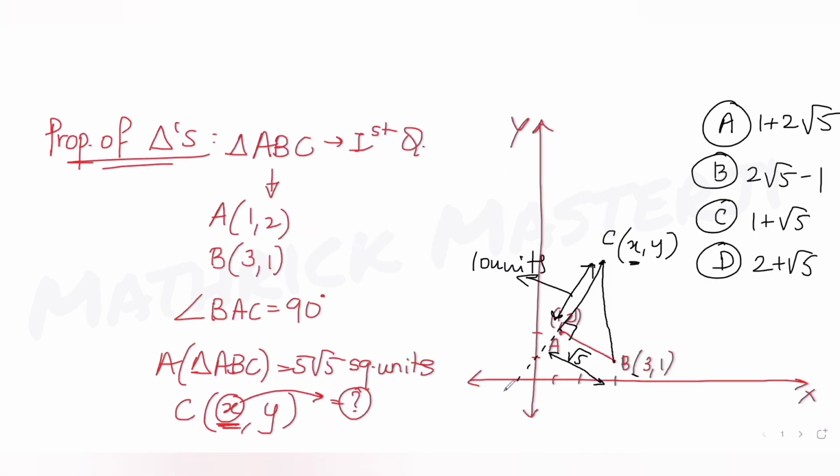Theta is nothing but this entire angle. If I extend that, the positive side of the x-axis makes angle theta. So this is theta. And this is alternate angles, so this also becomes theta.